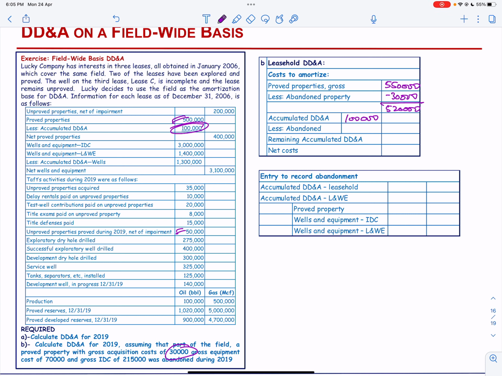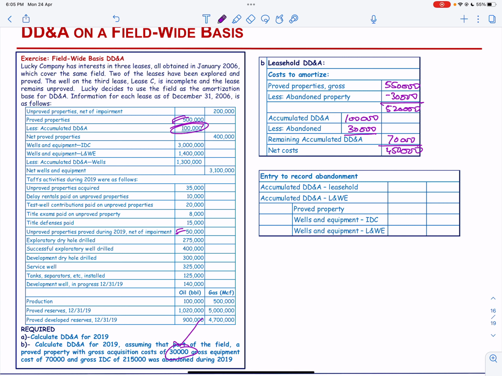From this we will subtract the property being abandoned, that is 30,000, that makes 70,000. Now obviously this is going to be subtracted, so the remaining accumulated depreciation is 70,000, and we have the net cost of 450,000.